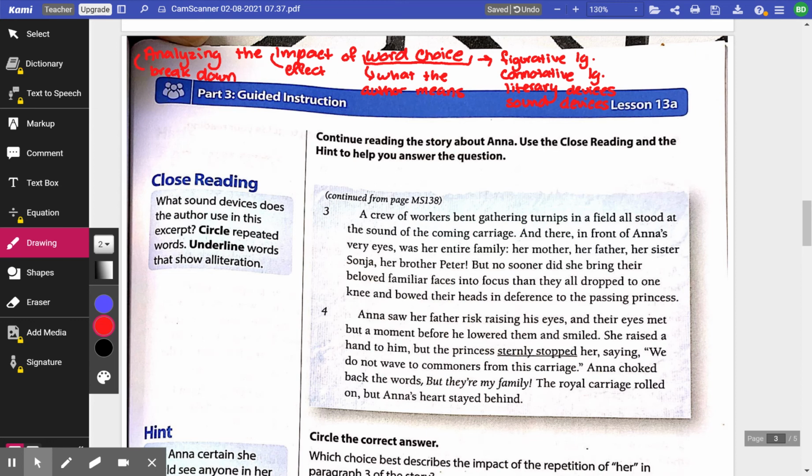So anytime we are analyzing the impact of word choice, so we are breaking down the effect of the author's word choice to figure out what the author means, we have to focus on tone, so the tone of the text, and whether or not it's positive, negative, or neutral. And we also have to focus on the author's specific word choice, to decide if the words they are using are strong or weak words.